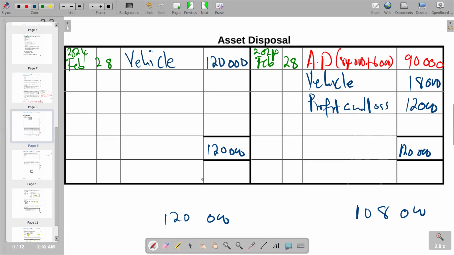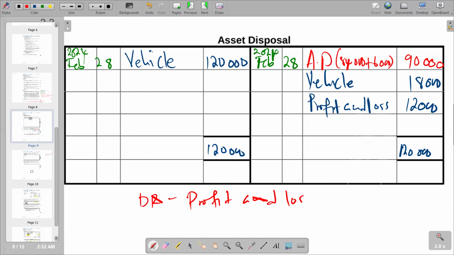So the double entry involved with this 12,000 that we got on the credit side of the disposal is that we are debiting profit and loss and crediting disposal. This is the double entry for loss on disposal.